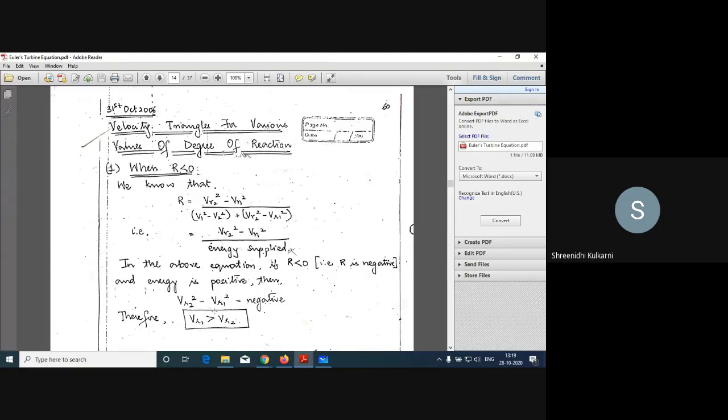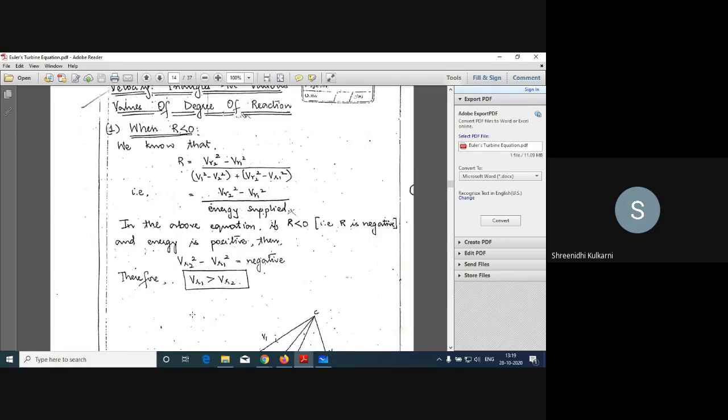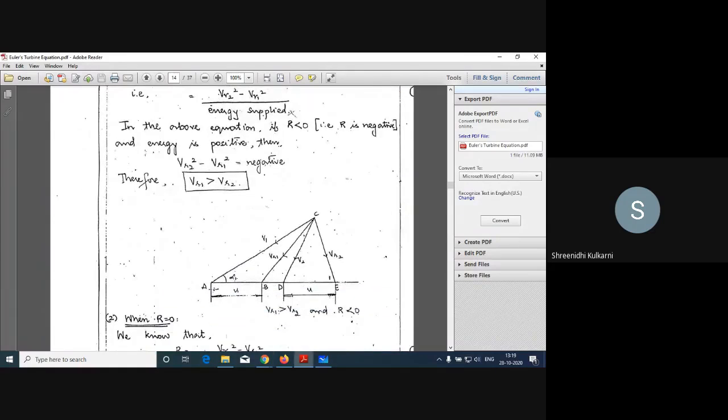So for this we have to draw the velocity triangle. How are we going to draw it? Again I can use the common apex. First I draw the inlet velocity triangle. The outlet velocity triangle we usually draw somewhere here, but instead I am going to draw it somewhere here, because VR1 is greater than VR2.